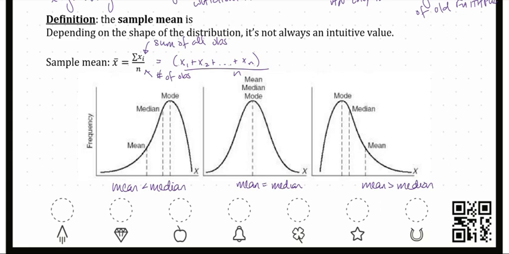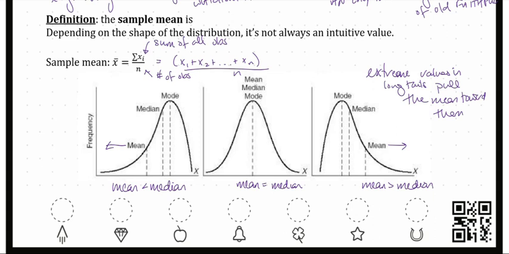And all this is to say is that these extreme values in the long tails pull the mean toward them. So the extreme values in this long right tail for a right skewed distribution pull the mean toward it, and extreme values in this long left tail pull the mean in that direction.